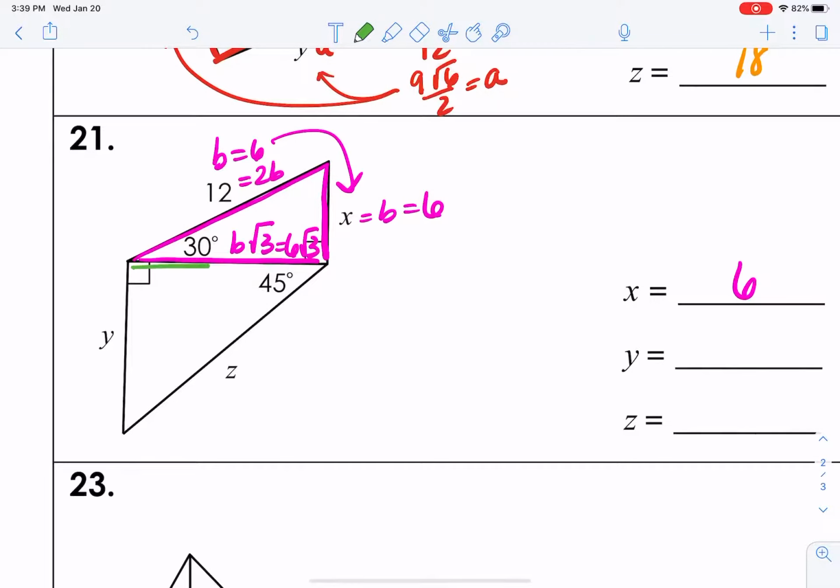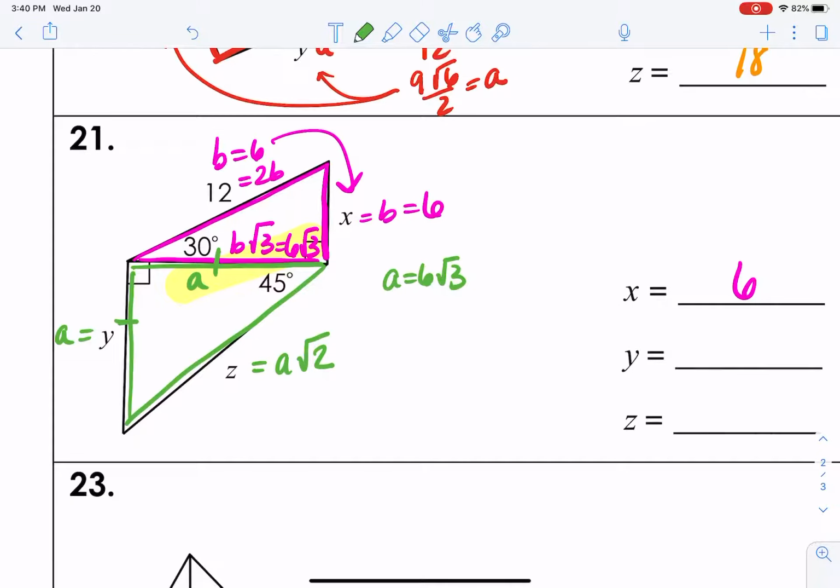Now I have the 45-45 triangle to solve. These are my legs, so that means that this is A, and this is A, and this is A square root of 2. But I've already found a value for this other leg in my other triangle. So that means that A equals 6 square root of 3.